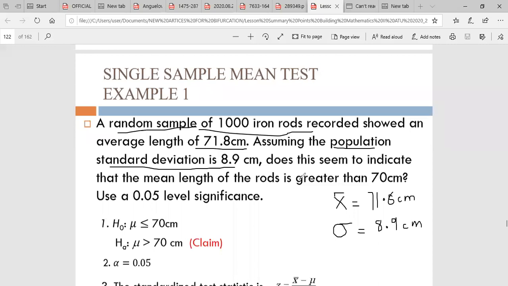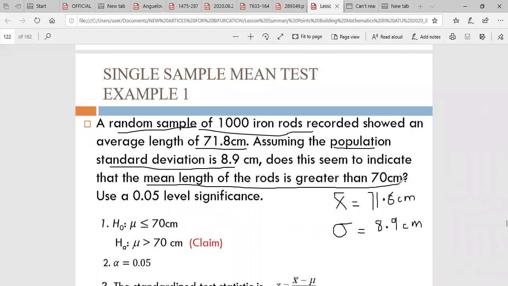Then we are asked, does this seem to indicate that the mean length of iron rods is greater than what? So what is the claim? The claim we want to test is whether the mean length of iron rods exceeds, or is greater than, 70 centimeters. Okay, so that is the investigation we want to conduct, because we are being asked, does this seem to indicate that the mean length of the rods is greater than 70 centimeters? Okay, good. That is what we want to test.